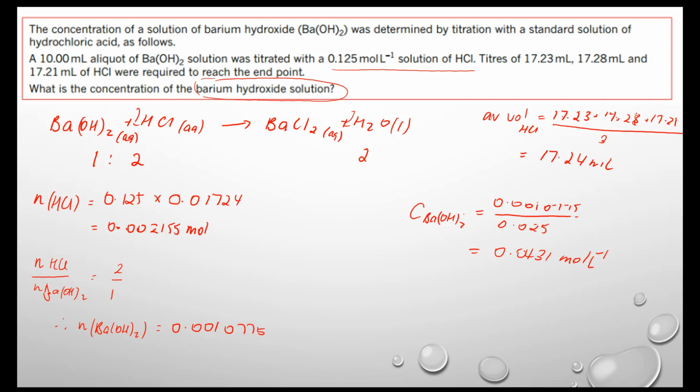Now we've got to calculate the concentration of barium hydroxide, so that is our moles over our volume. We've just calculated our moles, and our volume was 25, no it wasn't, it was a 10 mL volume. So we need to change that one there to 0.10 litres, and of course that's then going to change our equation.